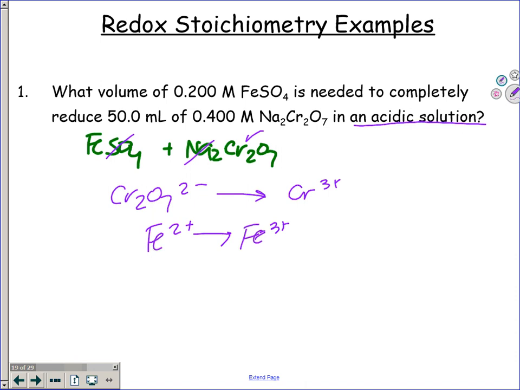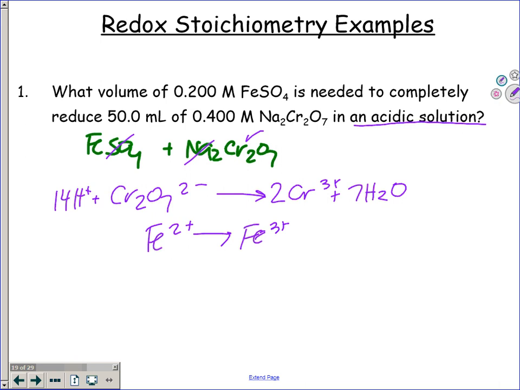So chromium, what do I add here? A 2. And then next up, 7 waters. And then 14 H pluses. We've done this in recent history. And then charge balance.